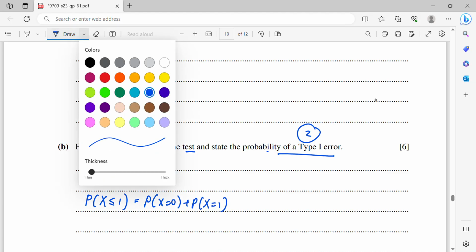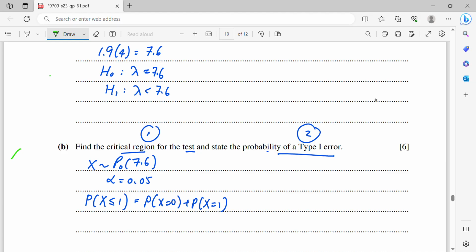Now, for your information, this is a Poisson distribution, so the formula of the probability is e to the power of negative lambda, lambda to the power of x over x factorial. So now it will be e to the power of negative 7.6.